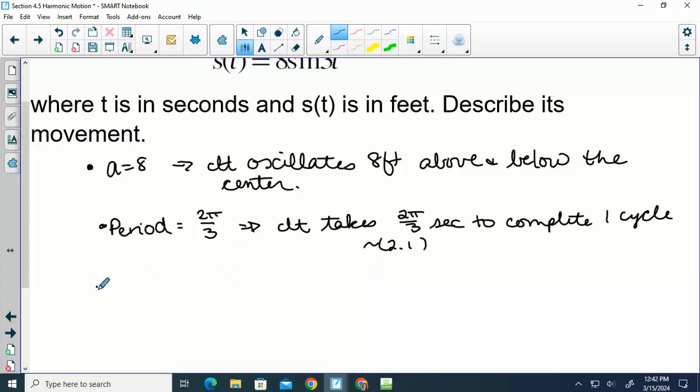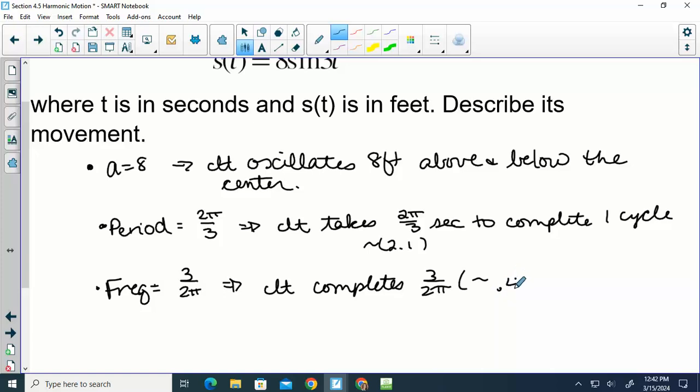Okay, the other thing we do with these is frequency. How do we get frequency? It's 1 over period, so it completes 3 over 2 pi, or if you don't like that, 3 divided by parentheses 2 pi, which is about 0.48 cycles per second.